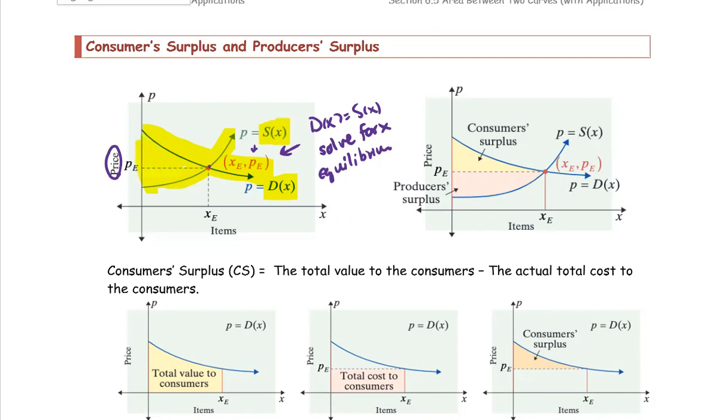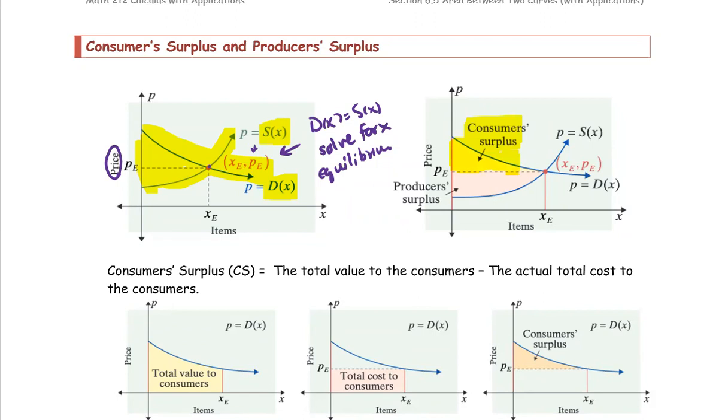But if you break it up, the area above the equilibrium price is the extra area beyond the market price that the consumers are willing to pay. So that area represents the consumer surplus.